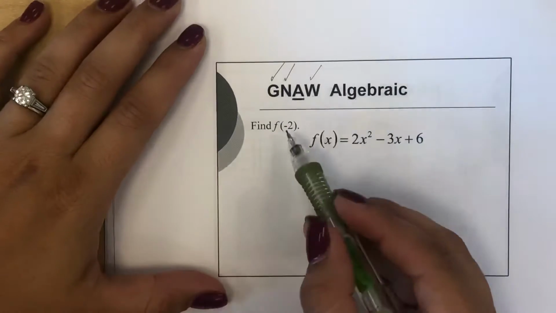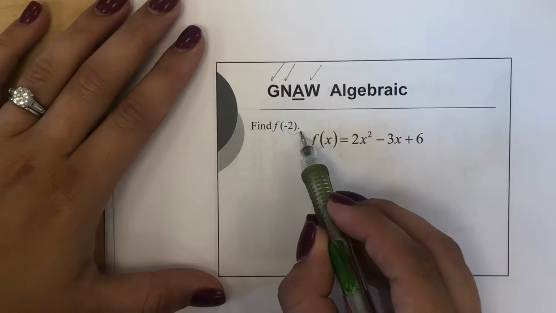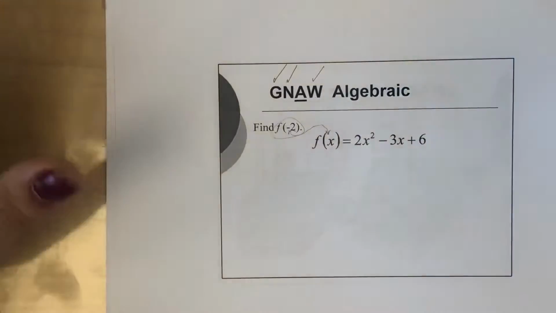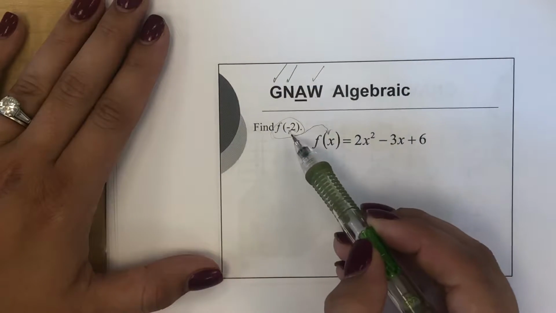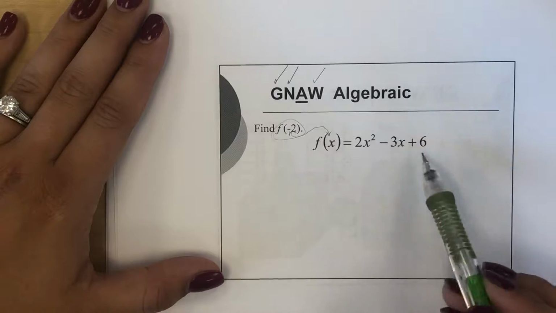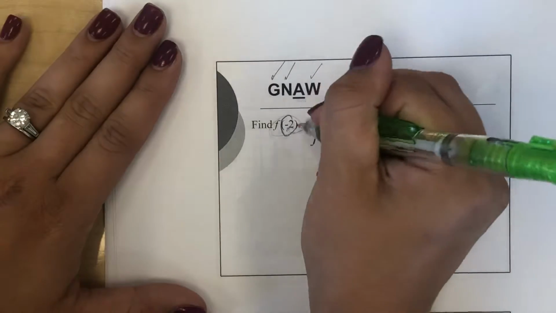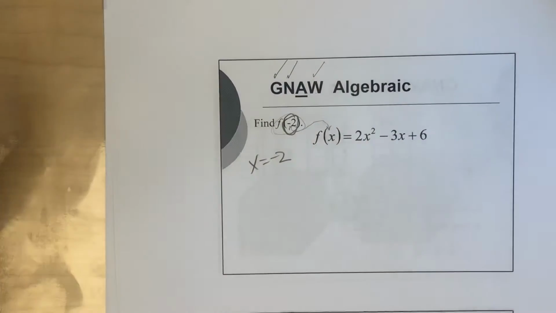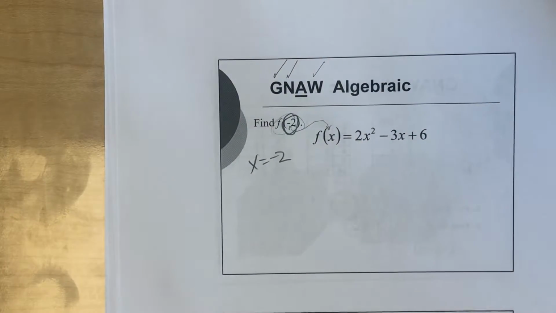So here, my x is -2. Let's take a look at this. It says find f of -2 if you're given f of x equals this. So this means that x equals -2, and you want to substitute -2 in for x.